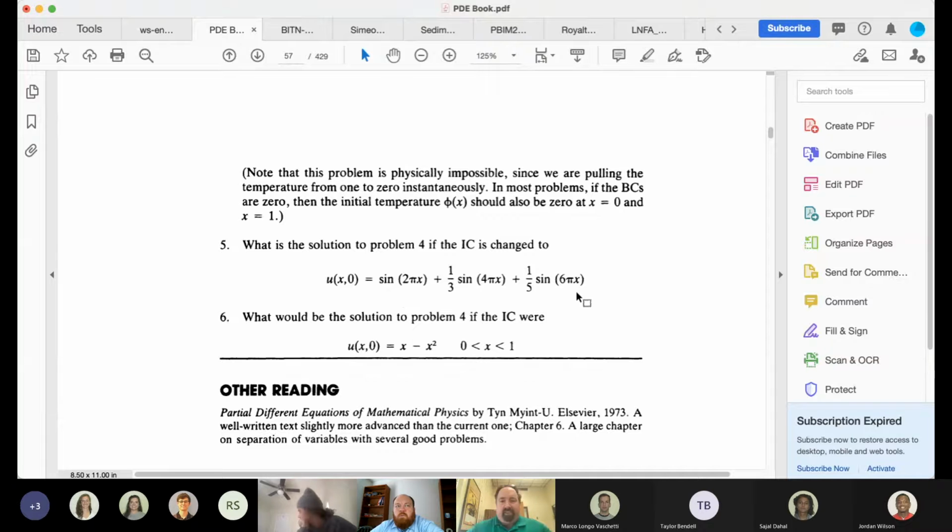So what happens in this case is, yes, if your initial data is a linear combination of your eigenfunctions, the solutions of your x ODE, then whatever coefficients you have for those values of n, like n equals 2, 4, and 6 in this case, will carry over to the solution.